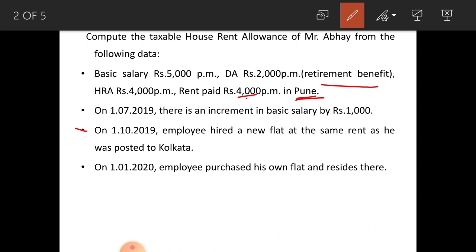In these situations you have to calculate exempted amount of HRA, and in case of this one, on 1st January 2020 employee purchased his own flat and resides there in Kolkata. Entire HRA received for this time period is taxable.